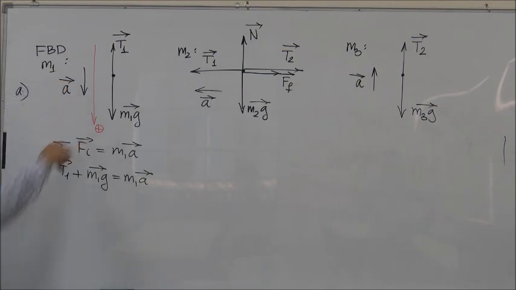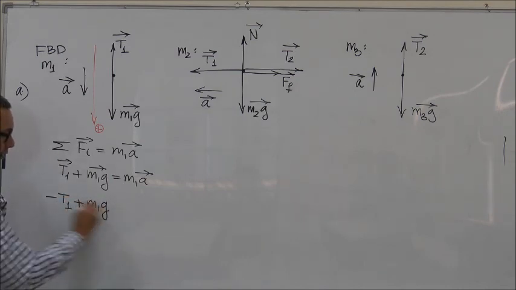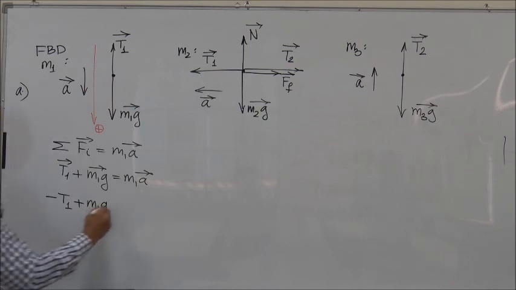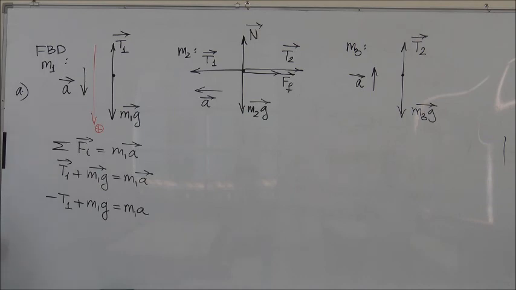Now we've chosen the downwards direction as positive, so tension 1 is pointing upwards, so it goes with the negative sign. If we get rid of the vector, then m1g is pointing downwards, so it's positive, and m1a is also pointing downwards, so m1a. So let's leave it here for now.